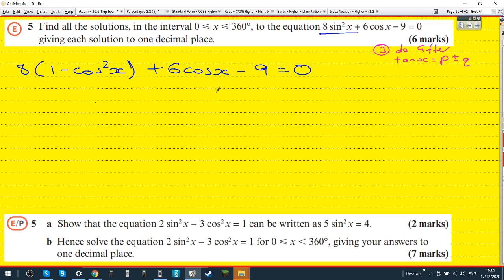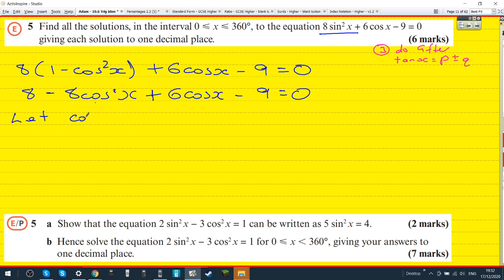And then we'll just multiply everything in the bracket. So it'd be 8 minus 8 cos squared x. Okay. And then can you let cos x be a? Yep.